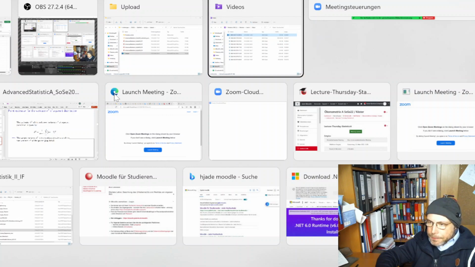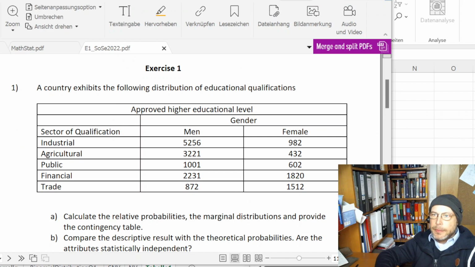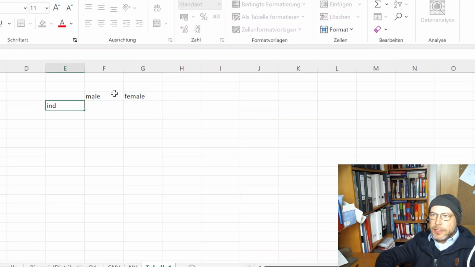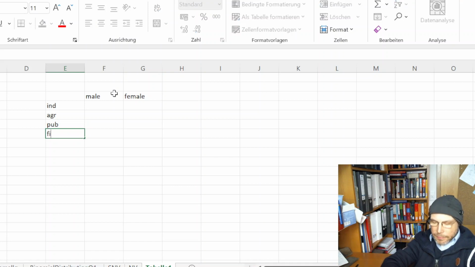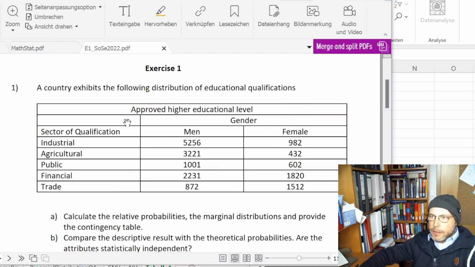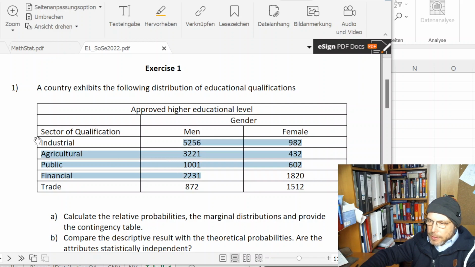Where's my exercise? There. It is agricultural, public, financial, and trade. And now what we also learn here in statistics, I hope this will work, is how to get the data out of some file, quite often a PDF file, into our software package.